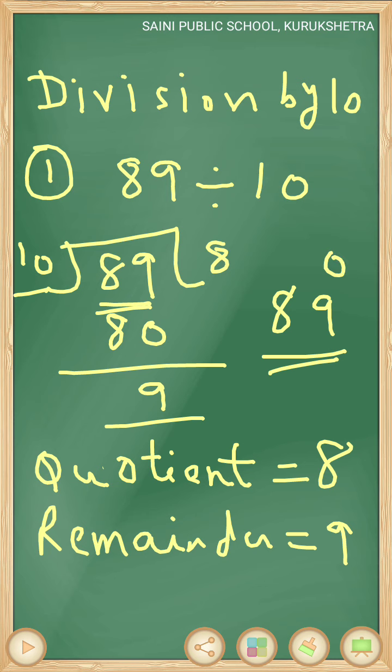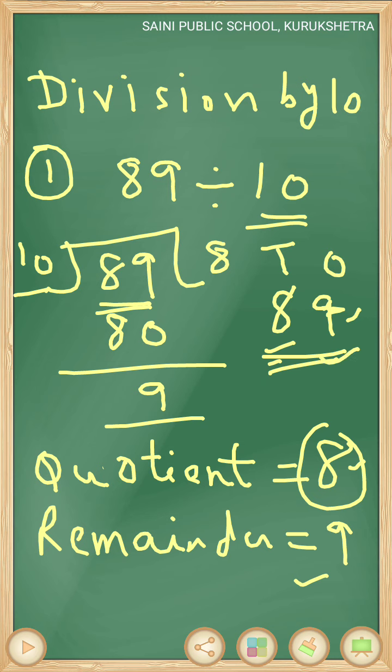Here is the ones place and here is the tens place. The ones place is the remainder and the tens place is its quotient. So it means while dividing by 10, the quotient is obtained by removing the ones digit from the number, and this ones digit forms the remainder.